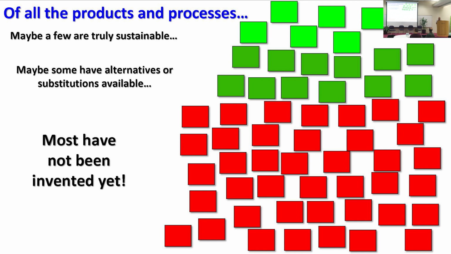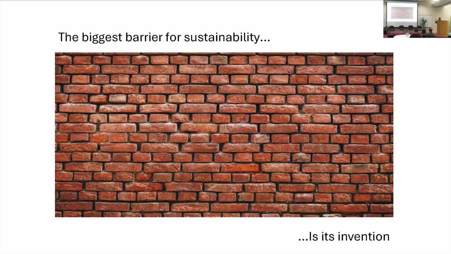But right now in 2025, 80% or more of the technologies have not been invented yet. Imagine one of your students, with your help, turns a traditional technology into a green chemistry technology. It's the only way we move forward. So the barrier to sustainability is not desire, it's invention.